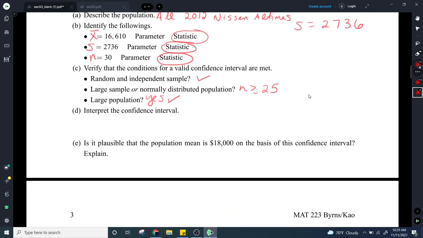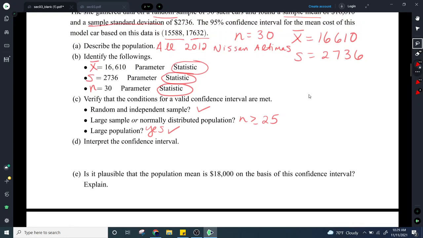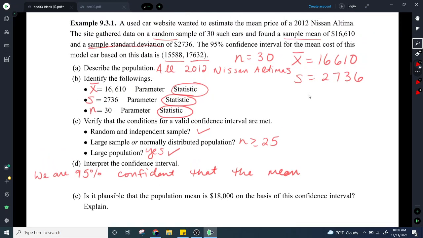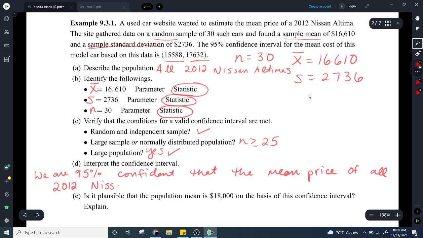All right, interpret the confidence interval. So this was a 95% confidence interval. So we are going to say we are 95% confident that the mean price of all 2012 Nissan Altimas is between what two numbers?